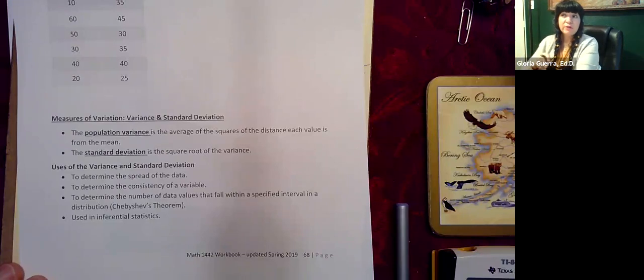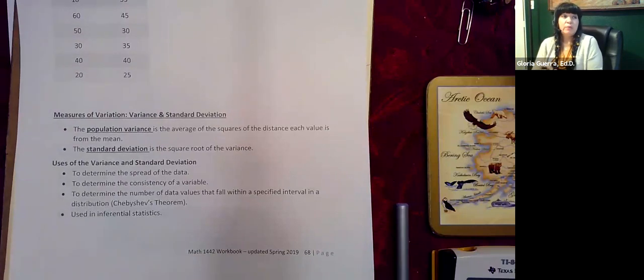But if you do have a data set that is from a population, remember the problem has to let you know that this is coming from a population, and then you would have to use a Greek letter of the alphabet to describe that, okay? But it does say here that the standard deviation is the square root of the variance, okay?